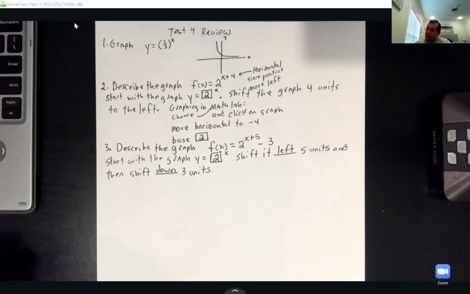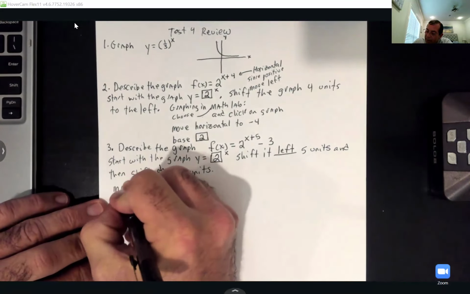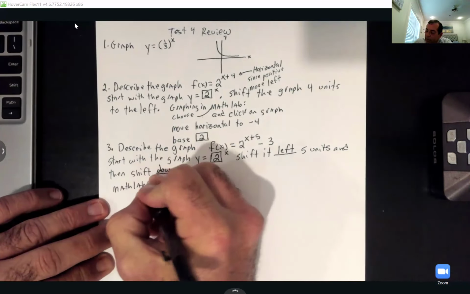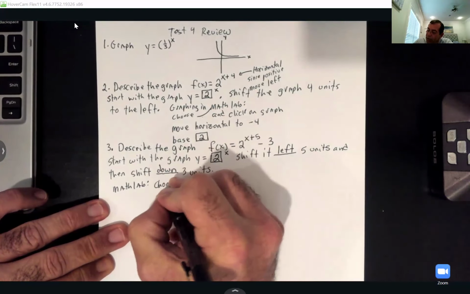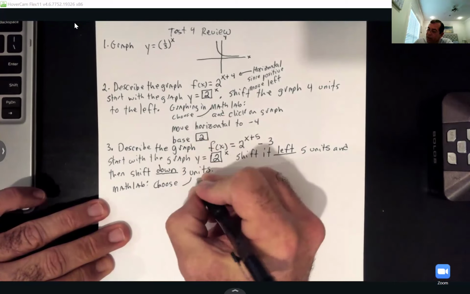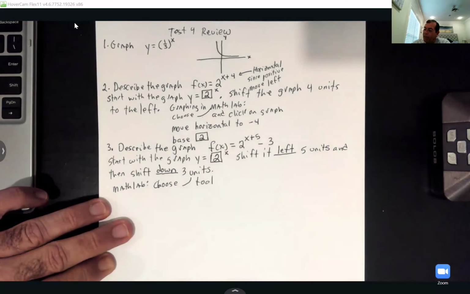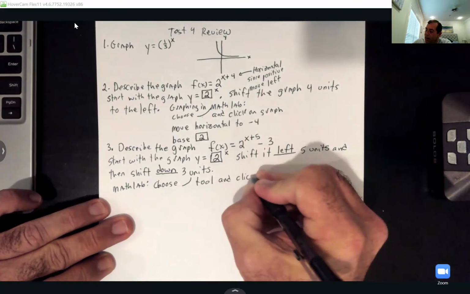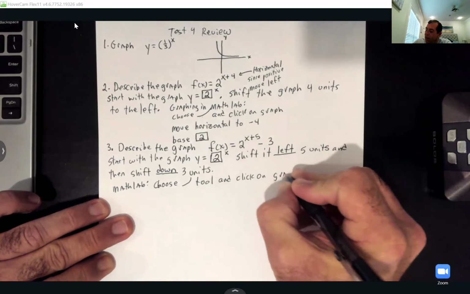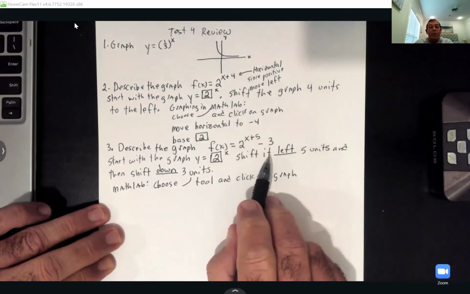Okay. Now remember on Math Lab, same thing up here. You're going to choose the exponential tool and click on the graph. Now we got 2 moves on this one.